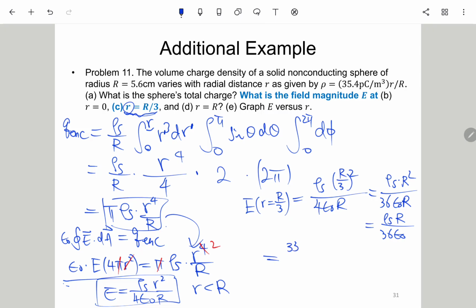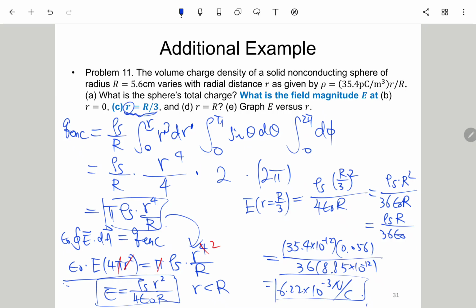Rho s is 35.4 times 10 to the negative 12, and capital R is 0.056, over 36 times 8.85 times 10 to the negative 12. It turns out to be 6.22 times 10 to the negative 3 Newton per Coulomb. So this is for part C. We needed to compute Q enclosed with general R, and then finally plug in R equals capital R over 3.